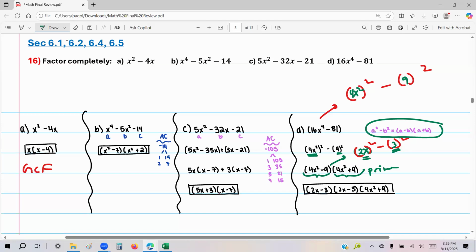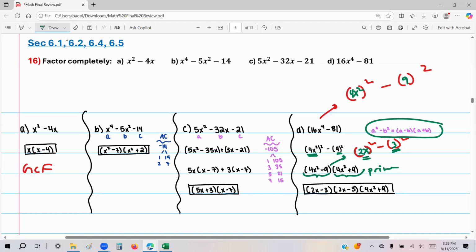This one you have to use AC. When A is visible, you have to use the AC method. Here A is not visible, it's 1. So when A is not visible, it's direct factoring. And when A is visible, always the AC method. And for the AC method, you have either the real AC method or the weird AC method.